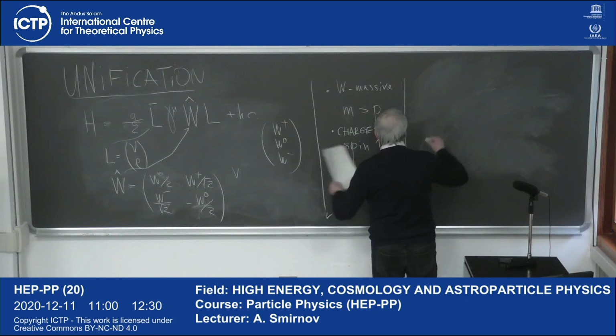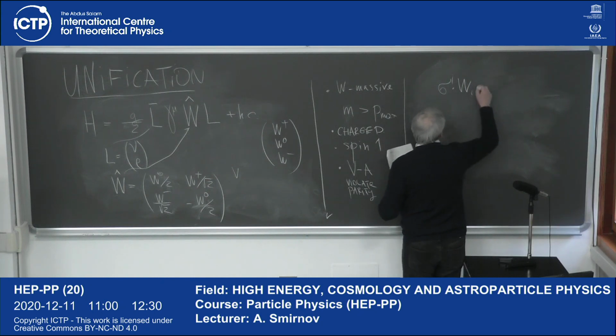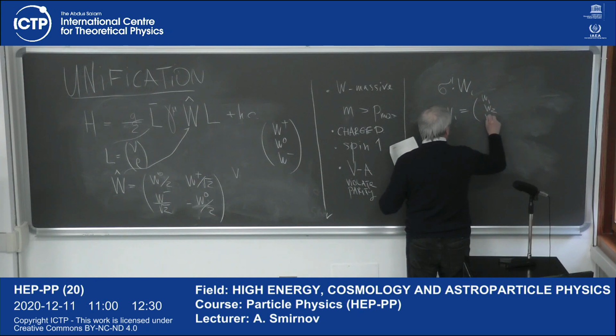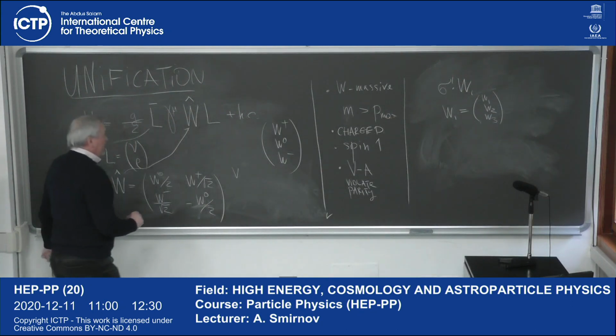Actually this structure appears as sigma matrices multiplied by W, where W is W1, W2, W3, and when you multiply the Pauli matrices you will get the structure.